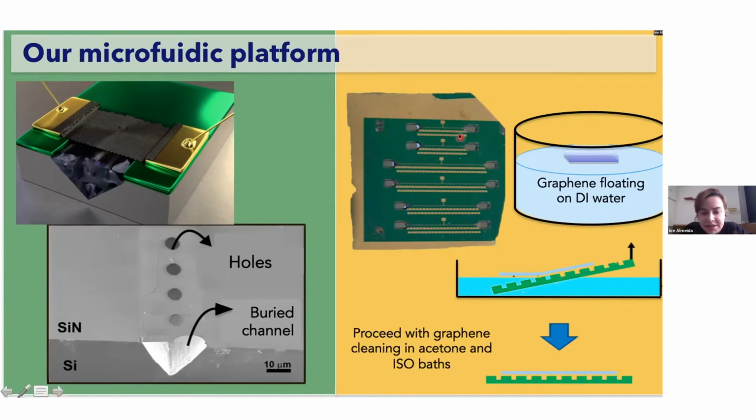In gold, you are seeing the metallic contacts, but you are not seeing the thousands of holes on the surface of each line. We use this platform to pick up CVD graphene from a DI water solution, for example, and we proceed with the cleaning process of the platform using suitable solvents, and let the sample dry.